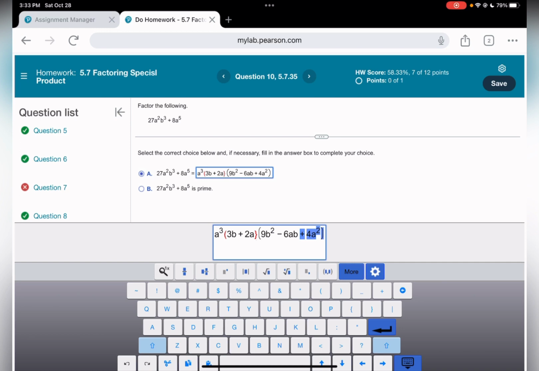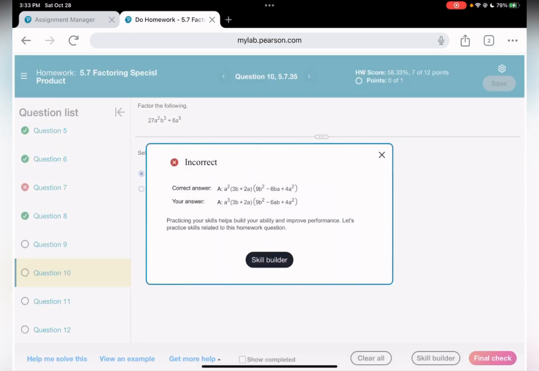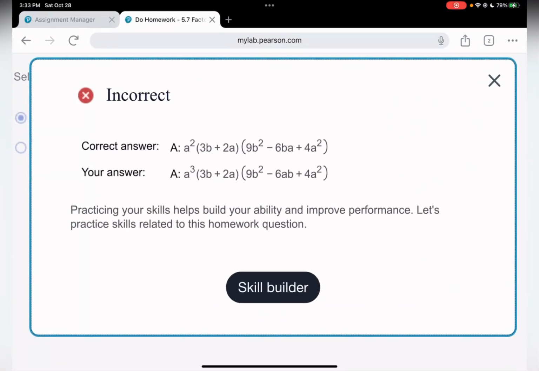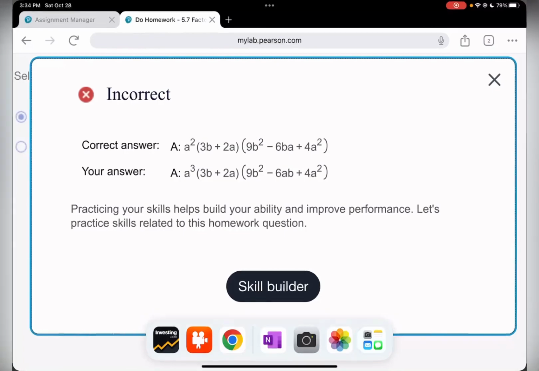What is this one? Okay. What is wrong? Everything is correct. Oh, I took out, wait, did I have to take out a squared?